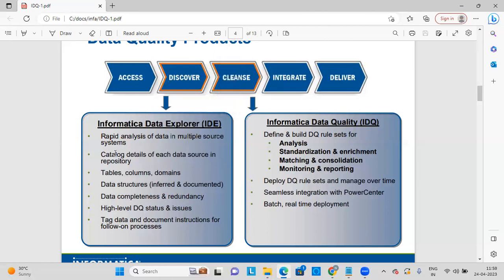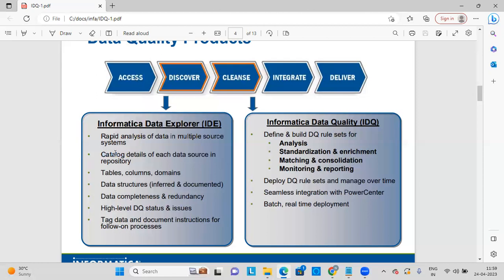Now, once you carry out analysis, we need to store it somewhere, because at a later point in time we need to see what was figured out, and we can avoid those mistakes for the forthcoming data. So, the cataloging part.